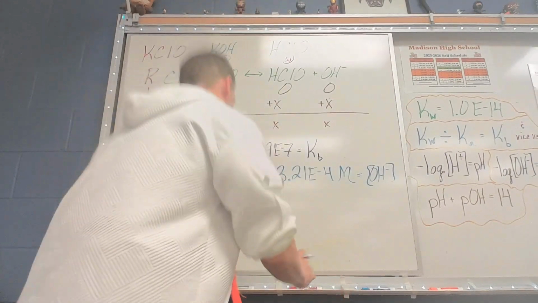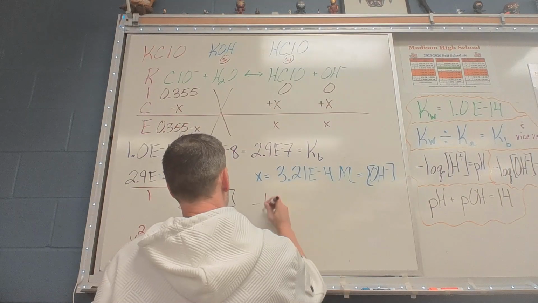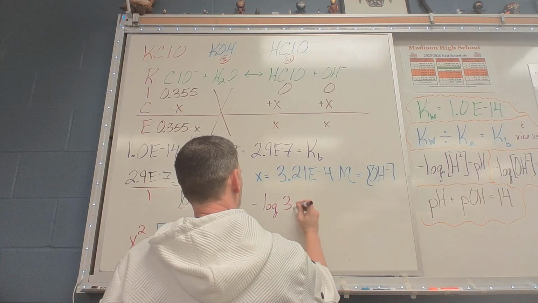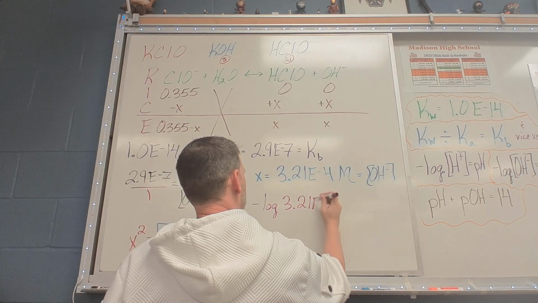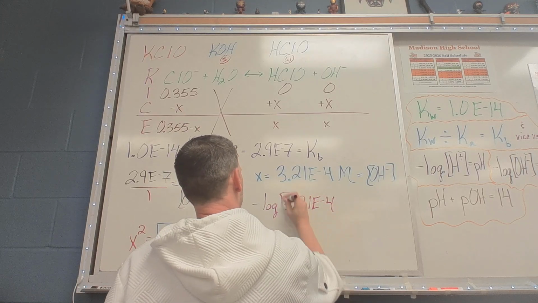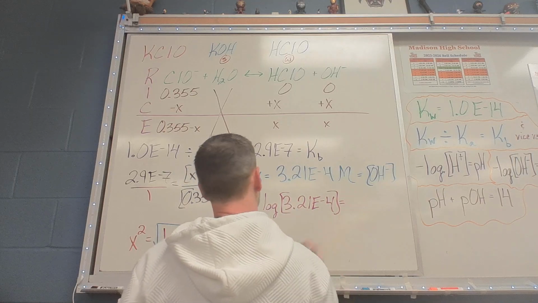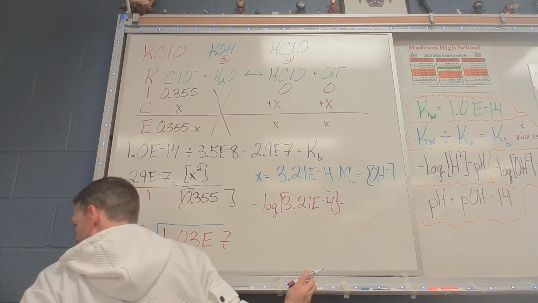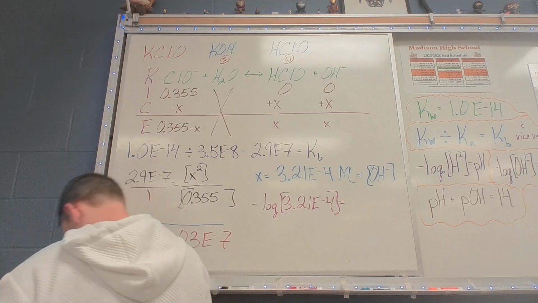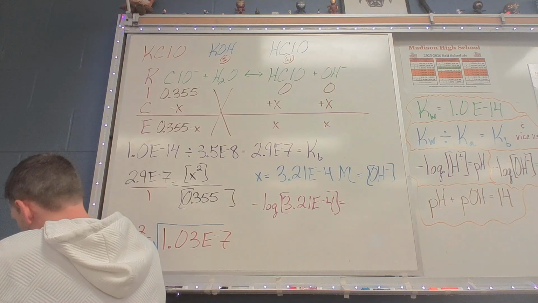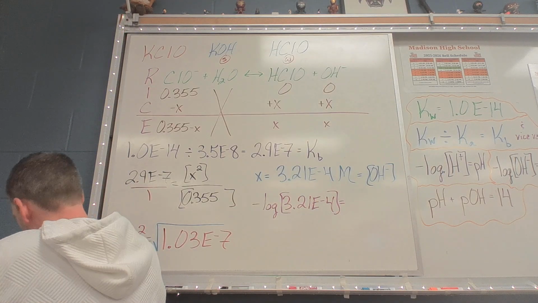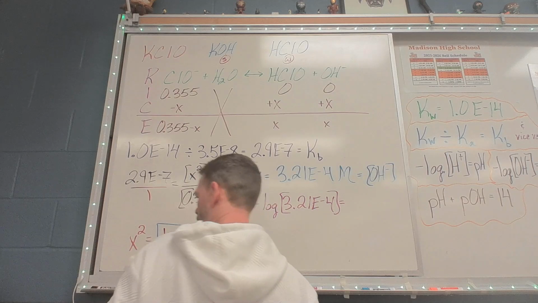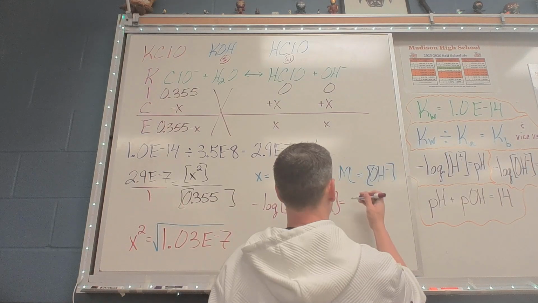So we can go negative log of 3.21 E negative 4, which will give me a pOH of 3.493.